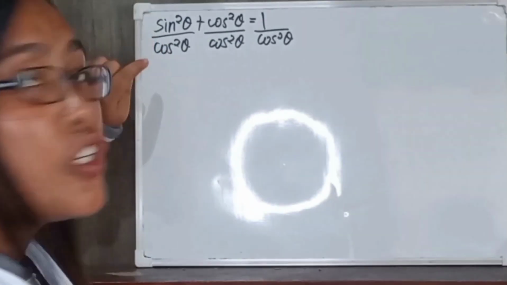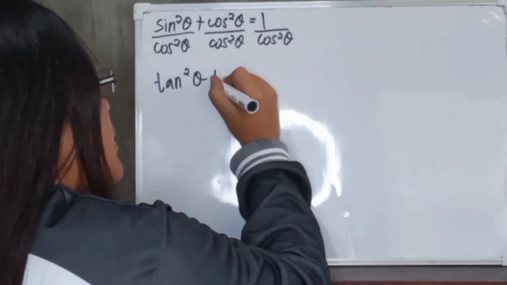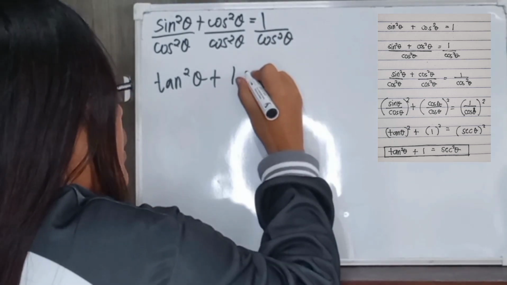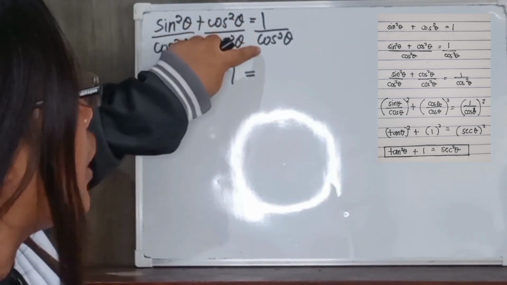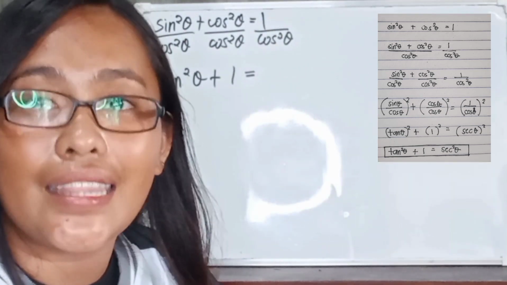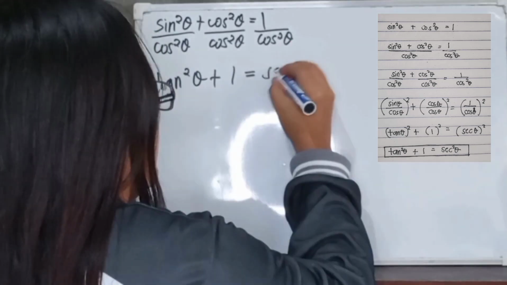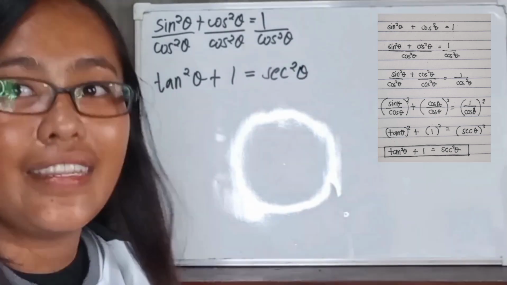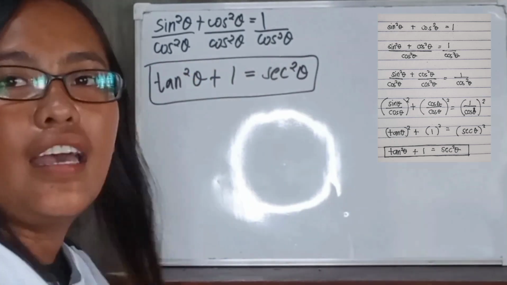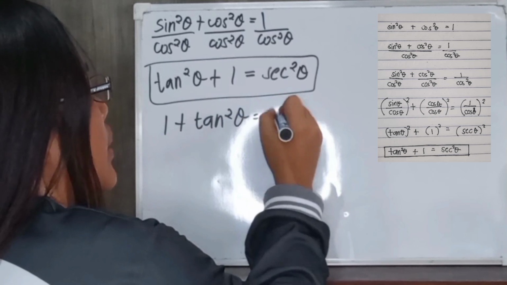Therefore, sine squared theta over cosine squared theta is equal to tangent squared theta. Plus cosine squared theta over cosine squared theta, it is obvious that it is equal to 1. Equal to 1 over cosine squared theta. In trigonometric identities, 1 over cosine squared theta is equal to secant squared theta. And now we come up with our second form: tangent squared theta plus 1 is equal to secant squared theta.